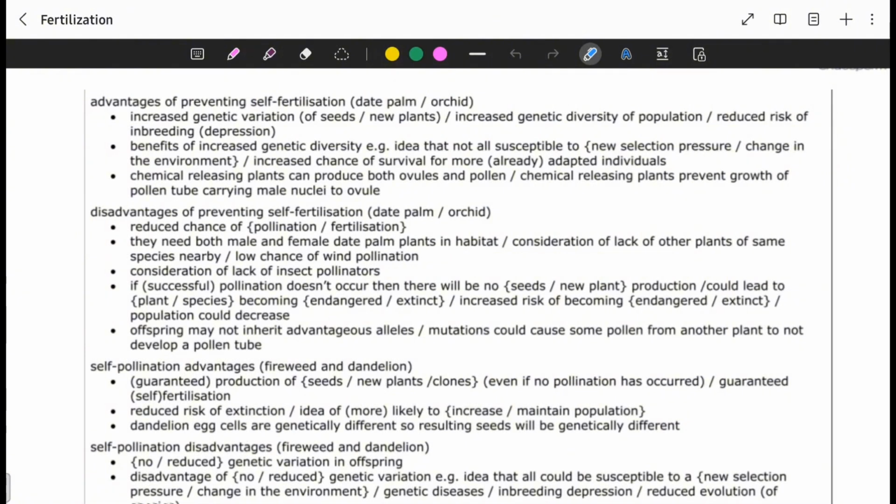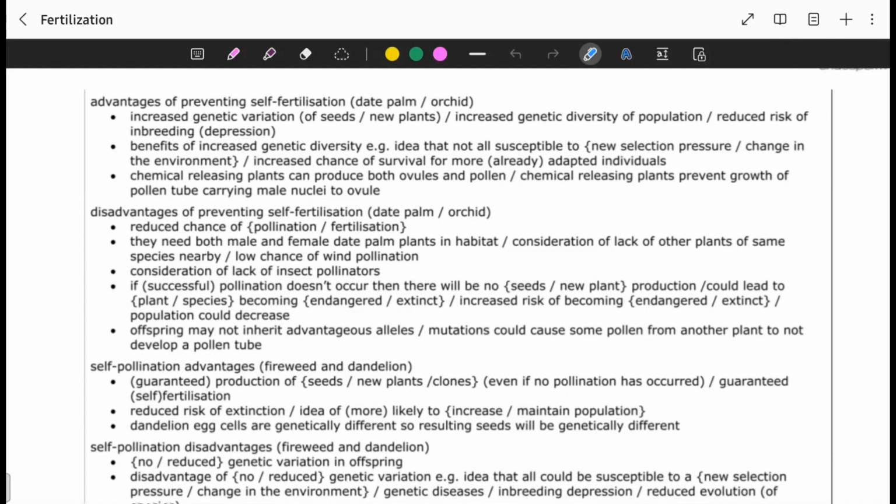So the advantageous allele is there in the population, so there will be more chance for those to survive and adapt to the new environment or selection pressure. Or else, if there was no genetic variation and one disease or one type of selection pressure acted on them, and that plant does not have the advantage, then all of them would have died. Okay, so that's one thing.